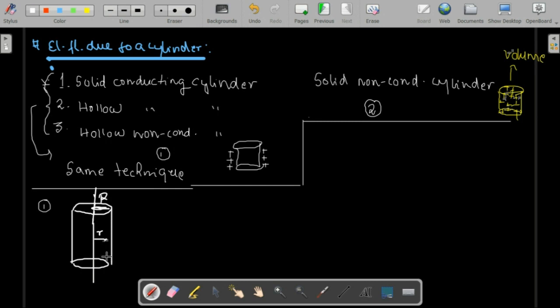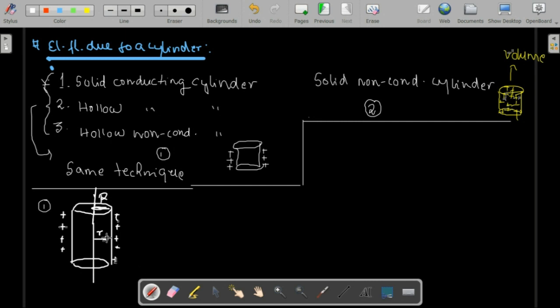Whenever we want to find the electric field at a particular point, we have to construct a Gaussian surface. We are finding the electric field here, and we know it's a conducting cylinder or a hollow cylinder, so the charges are distributed on the surface.